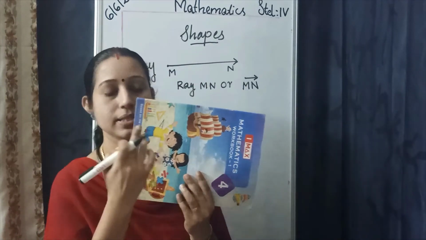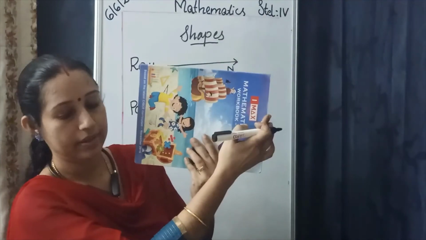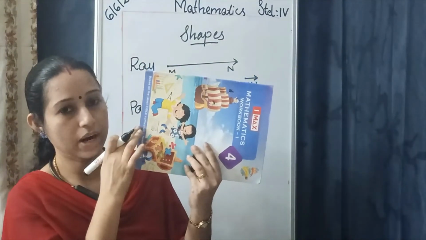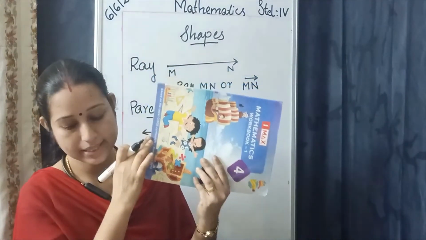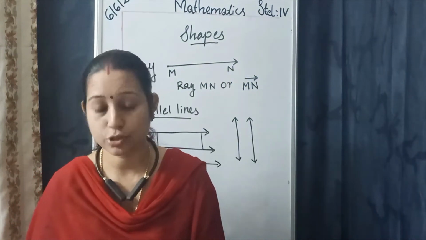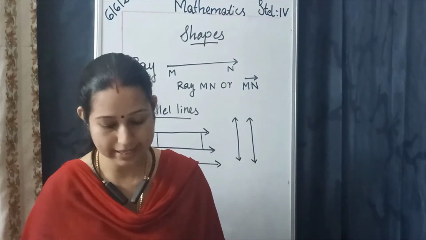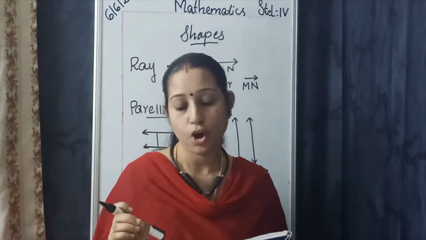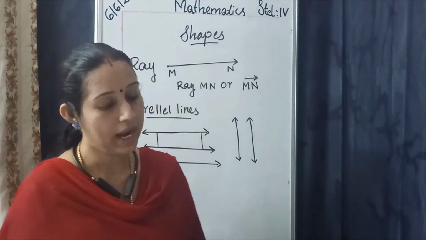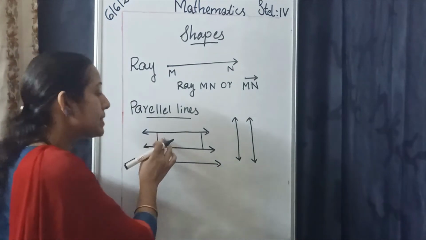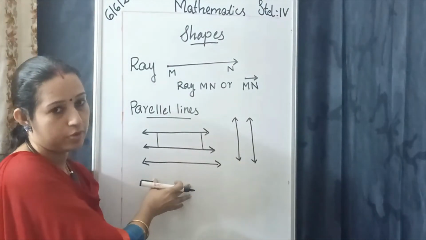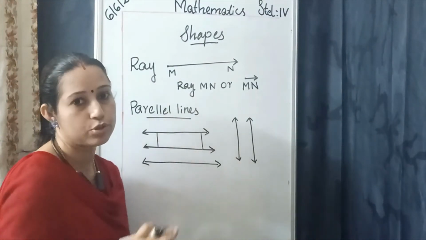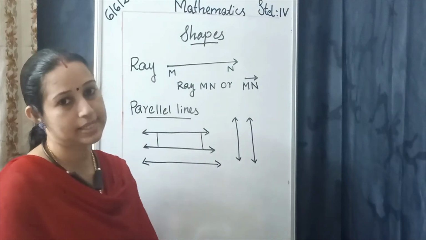So we can say these are examples of parallel lines. Here these 2 lines. Here is one line. Here is another line. So, these are the examples of parallel lines. It means parallel lines are lines that do not meet or have a common point, and they are always at the same distance apart. Okay.